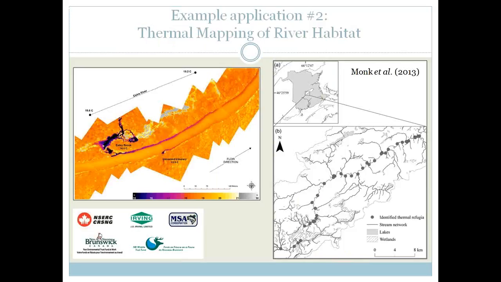The second example here I have is the thermal mapping project, and I know that this was actually touched upon in the first webinar of this series. For this part of the example, it's going to be looking at data that was collected within the Cairns River, within the Miramichi watershed as opposed to the Restigouche. But just briefly, for those of you who aren't familiar with it, a series of reaches of both the Miramichi and the Restigouche rivers were flown using infrared cameras.